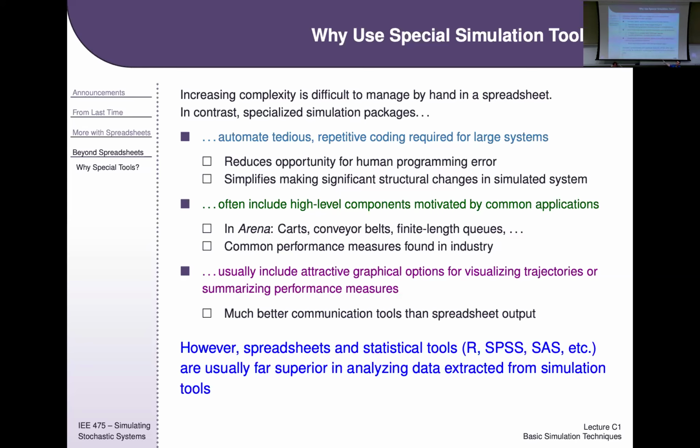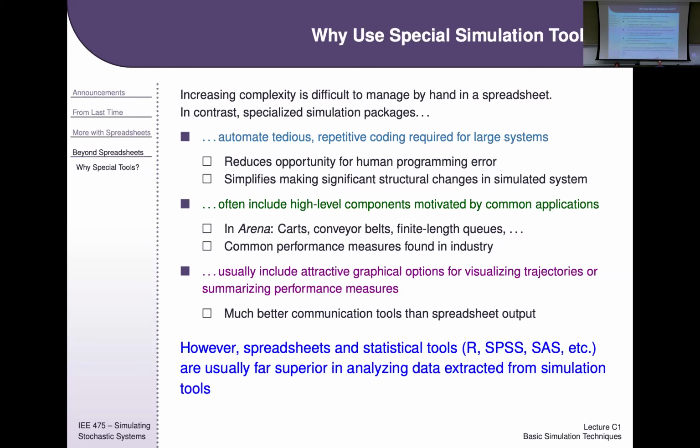But I'm not saying that if you've picked up Python, R, Pandas, SPSS, SAS, etc., you won't still use those tools, because, as you'll see, despite the strengths of Arena, it has real weaknesses in its data analysis. They're very limited. They're really just meant to be ways for you as an engineer to get a quick idea of what the outputs look like.